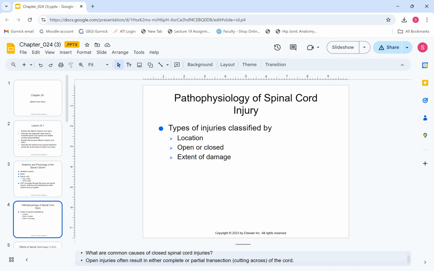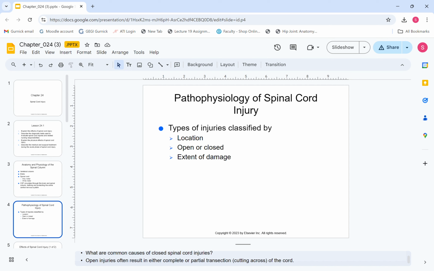If we were to sever the spinal cord completely across, that would be a complete transection of the spinal cord. If only part of the spinal cord were cut, we would call that a partial transection.